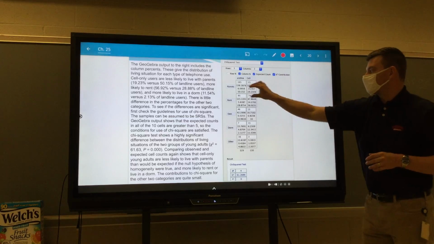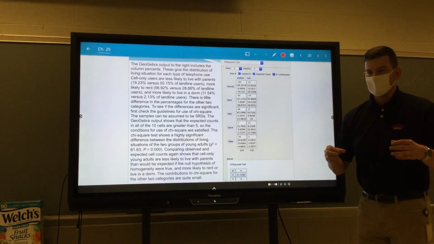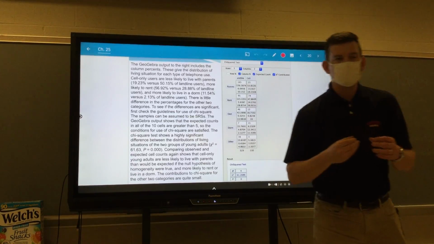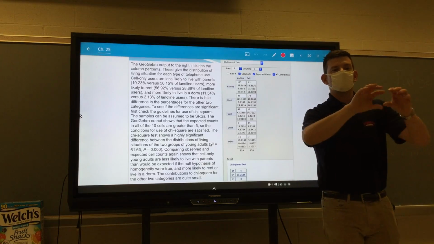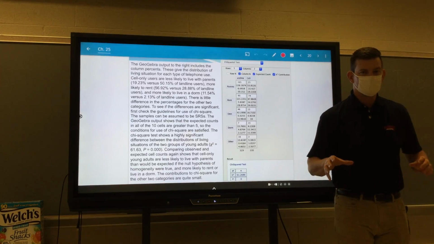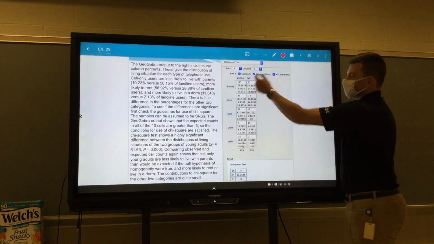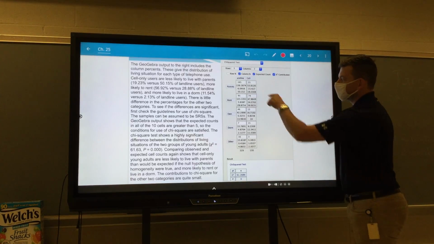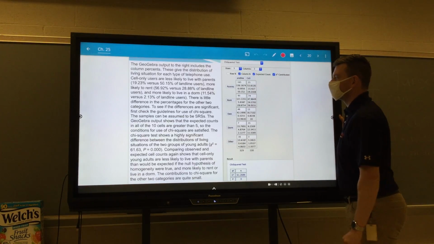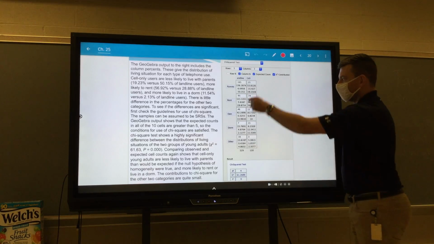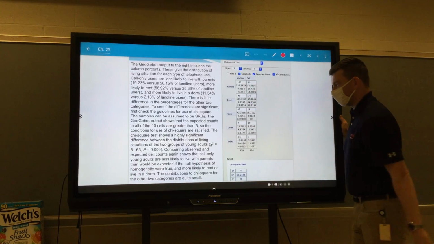So each of these cells in the table will have their chi-square contribution, observed minus expected squared over expected. We get 6 of those points from the landline with their parents, 15.4 of those from the cell phone with their parents. All of those are adding up to 61.